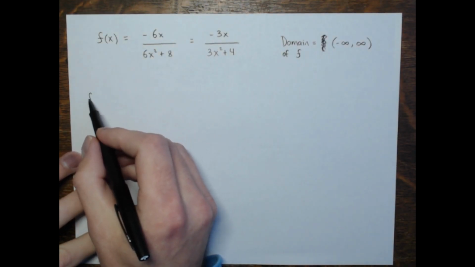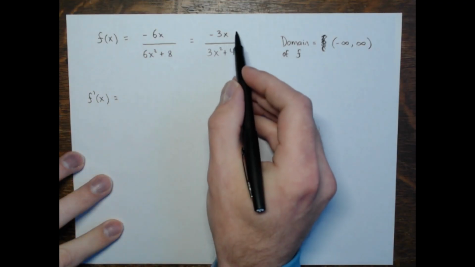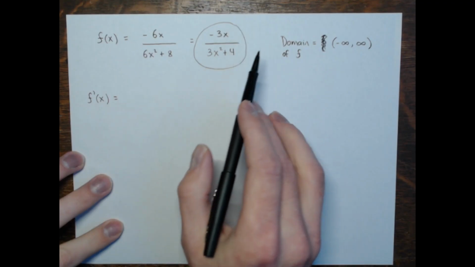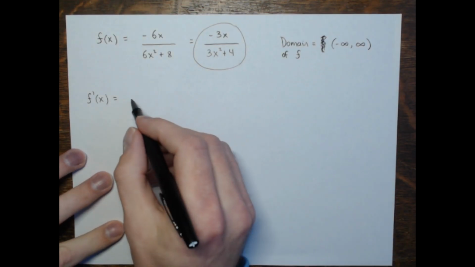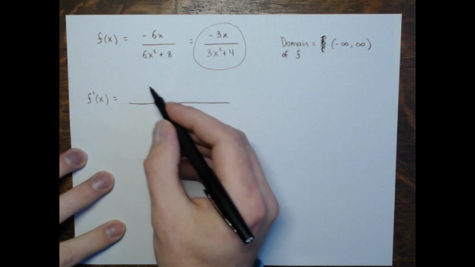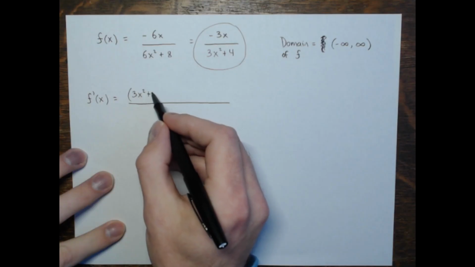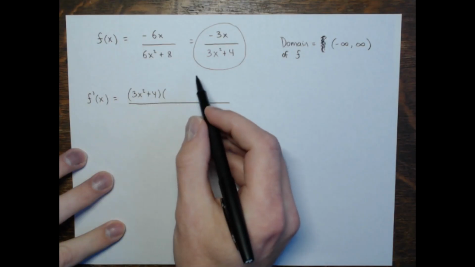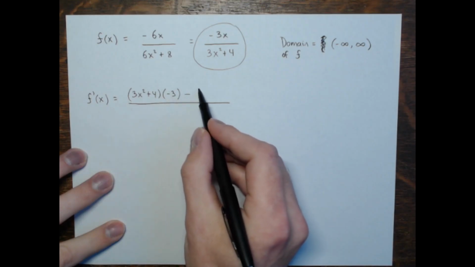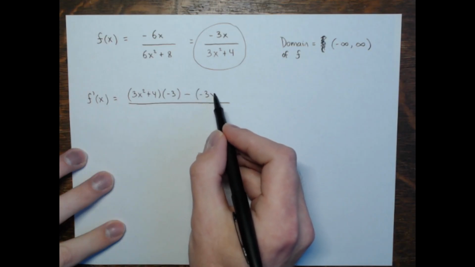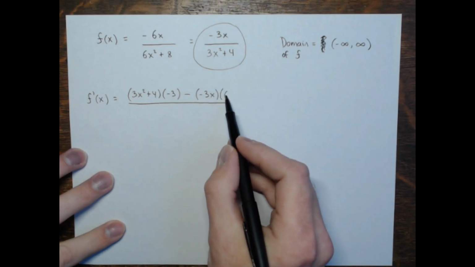All right, so I'll go through and find the first derivative. Now I'm working with the simplified version. Remember, I'm doing the quotient rule here. So remember how the quotient rule goes. You've got your denominator multiplied by the derivative of the numerator, minus the numerator multiplied by the derivative of the denominator, which should just be 6x.